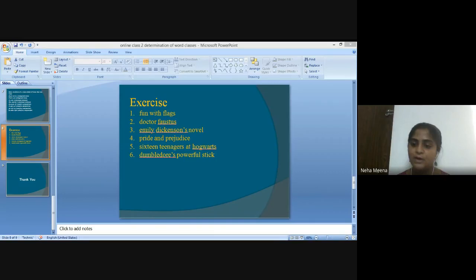Okay, Ripu, fun with flags. Very good. Sumit, the F of flags will be in capital letters, it will be in caps.